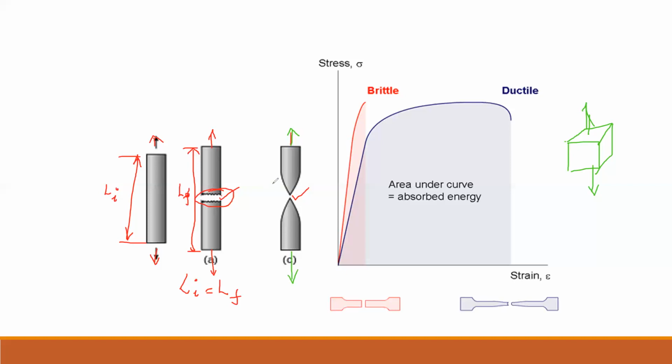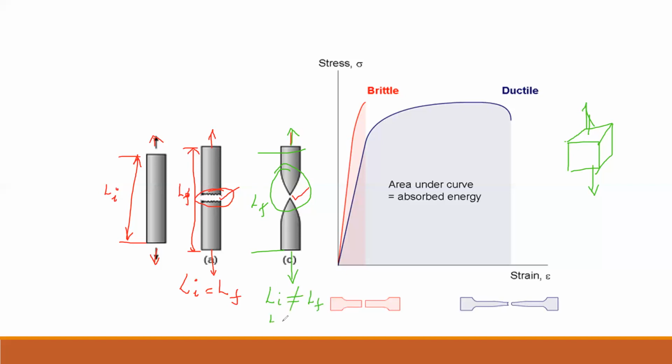Before fracturing, there will be elongation in the ductile material. After fracturing, we measure the length of the fractured component, say this is the LF, the final length. Here in the ductile material, the initial length LI will not be equal to the final length.